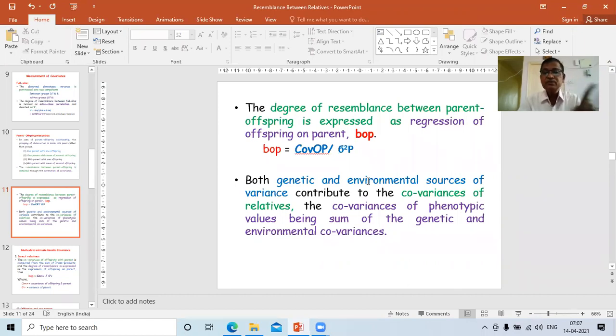That is, offspring depends on the parents. That's why b_OP, regression of offspring on parent, is equal to covariance between offspring and parent by the total observed variance, sigma square P. So both genetic and environmental sources of variance contribute to the covariances of relatives. The covariances of phenotypic values being the sum of the genetic and environmental covariances.